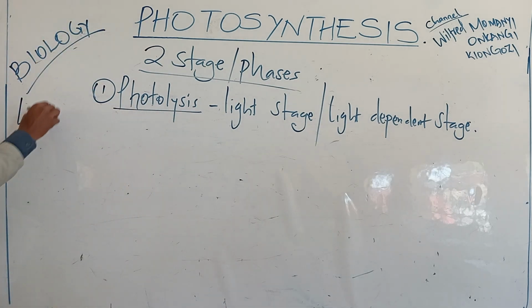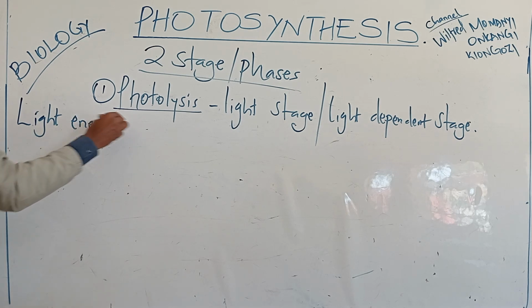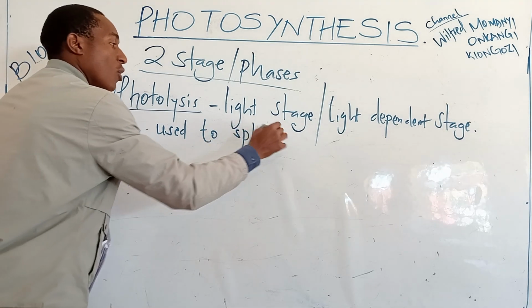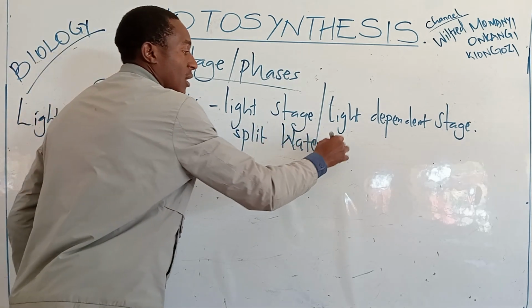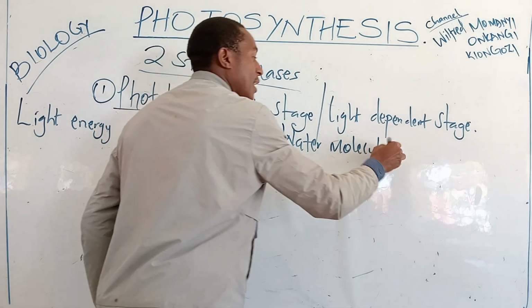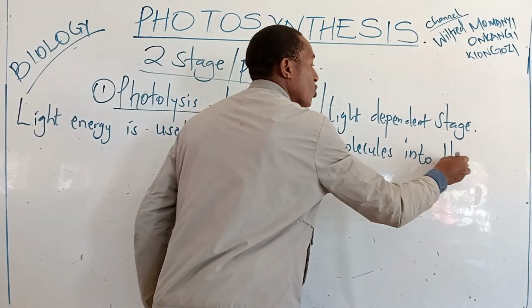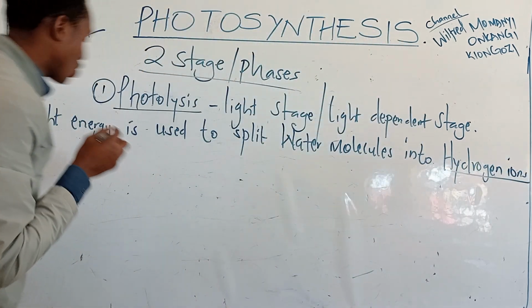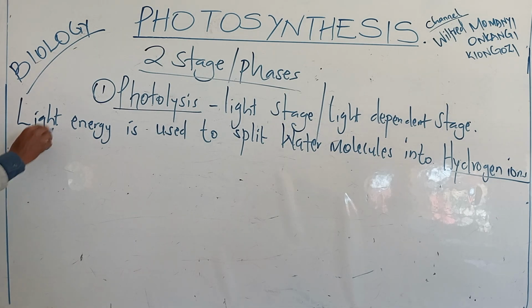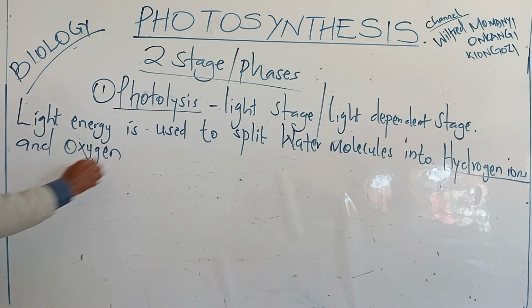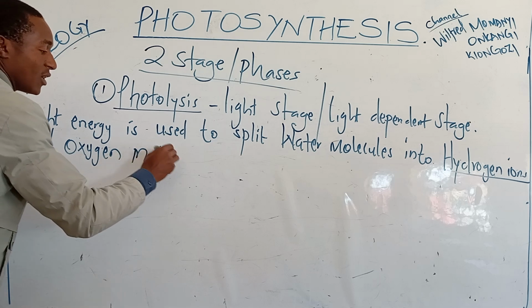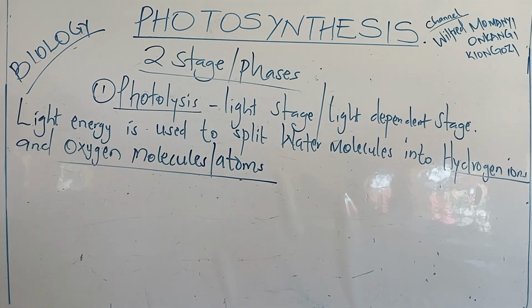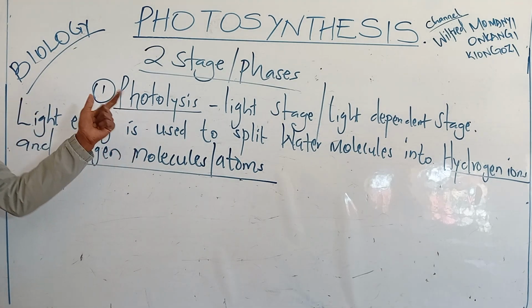Light energy is used to split water molecules into hydrogen ions and oxygen atoms, and oxygen we can say molecules or atoms. So what happens here? Light is used to split water molecules.